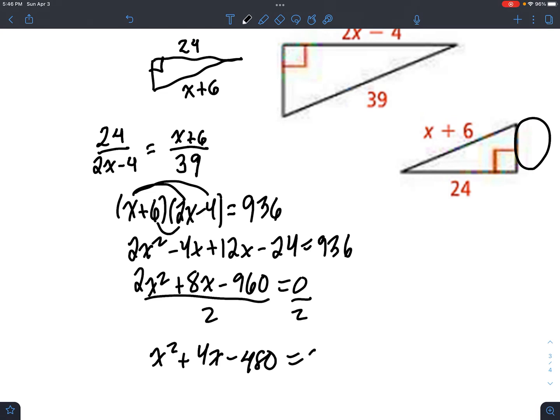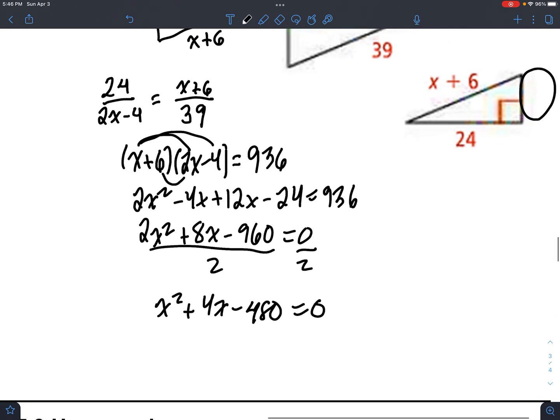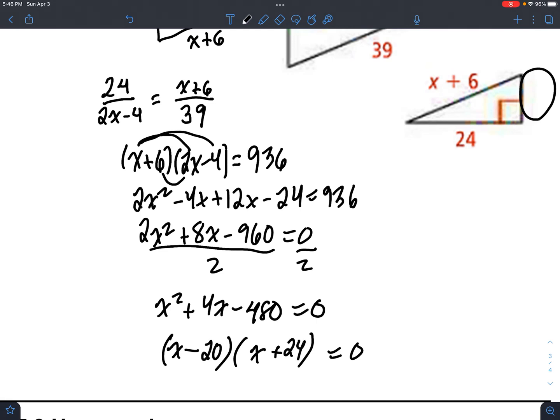And 480 is ridiculous for me to ask of you, but this is what the problem was. But remember, you can do this, and for this to turn out negative, it has to be minus plus, and I just want to give this to you, is 20 and 24.